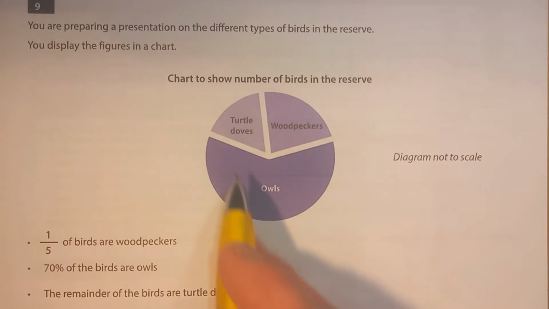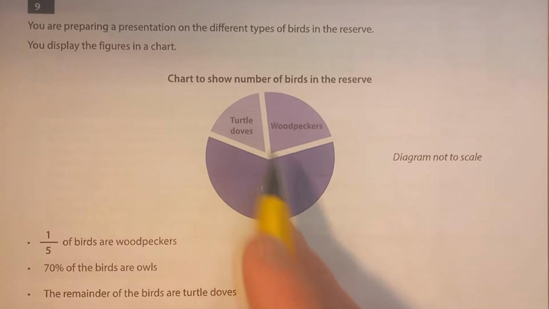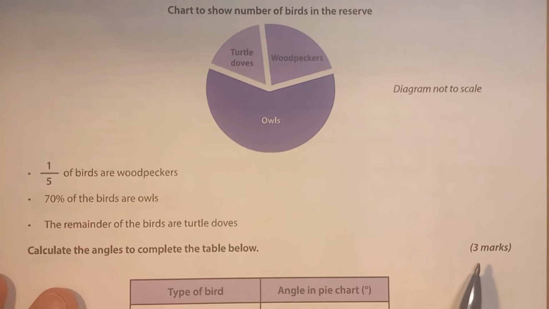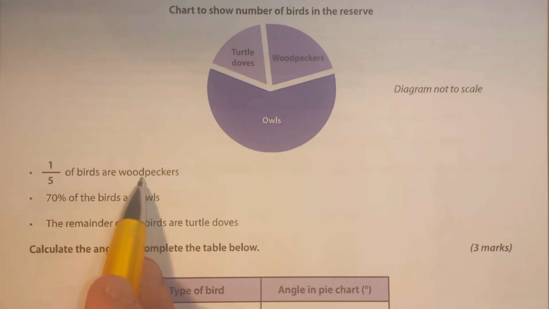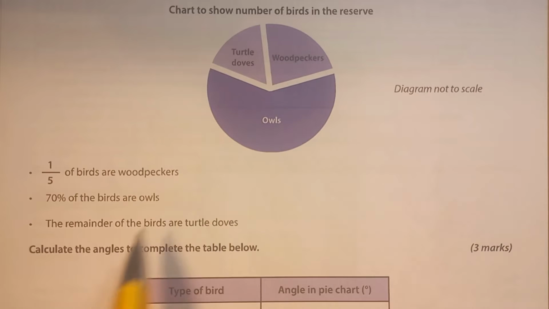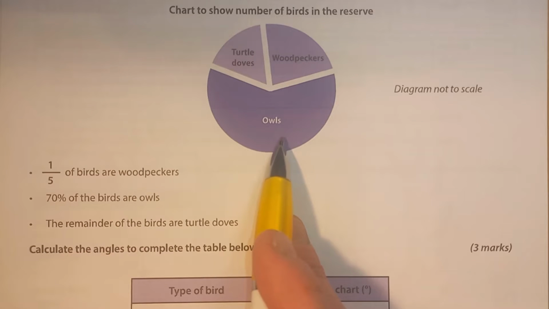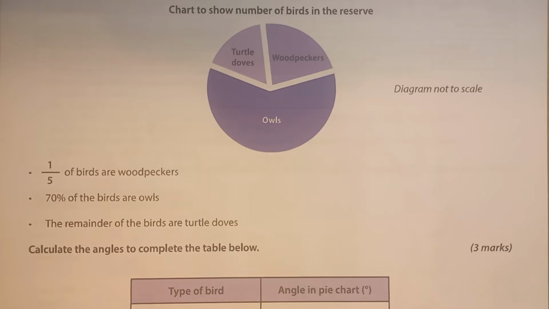We can see owls are the most popular, then we've got woodpeckers and turtle doves. So we're told that 1/5 of the birds are woodpeckers. So that's this section here. 70% of the birds are owls. That's here. The remainder of the birds are turtle doves. Calculate the angles to complete the table below.